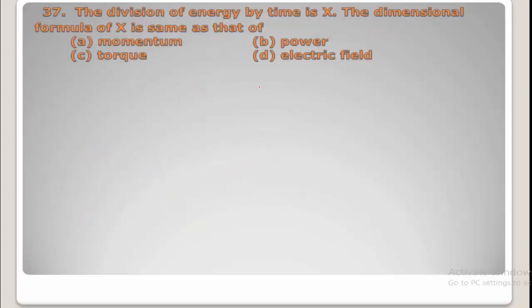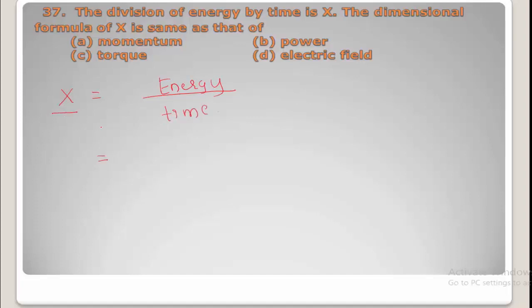The division of energy by time is X. The dimensional formula of X is same as that of. So it is given that X is the division of energy and time.